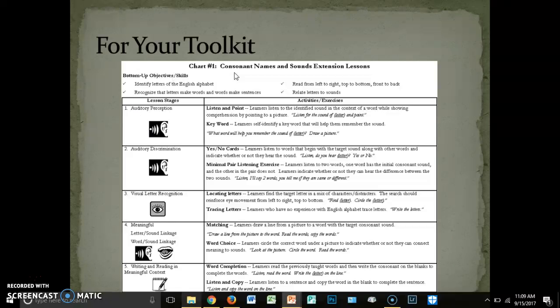These are the skills, these are competencies that you might see listed with a CASAS test or maybe even a TABE test. And these are the activities that you can develop using your own textbook, what you already have.